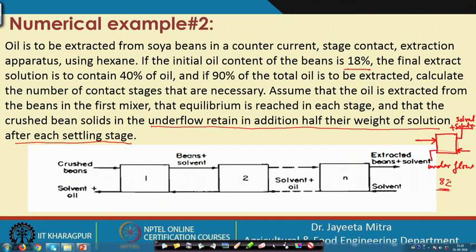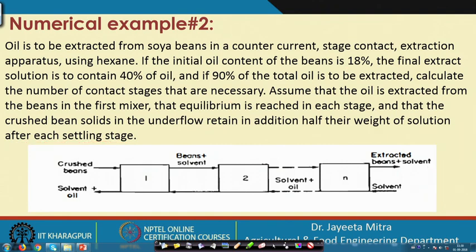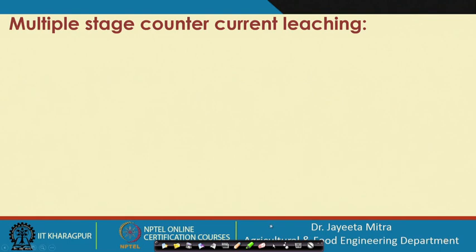In the underflow this 82 will go, along with half the solution, so plus 41 kg of material will have solvent plus some solute, because not all the solute will be extracted, 90% will be extracted. So, this is how we can approach the problem, and let us see, we have solved it for some stages.